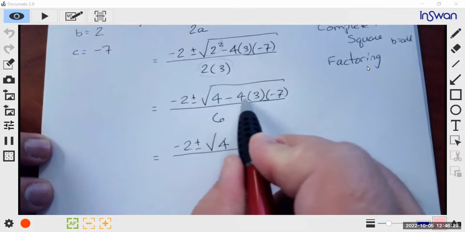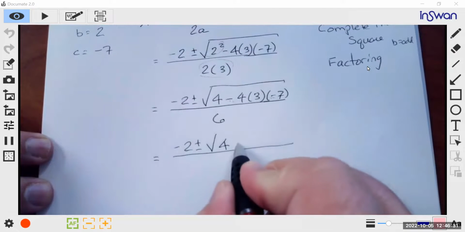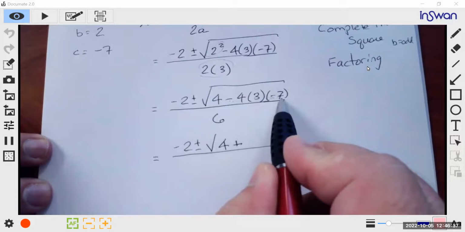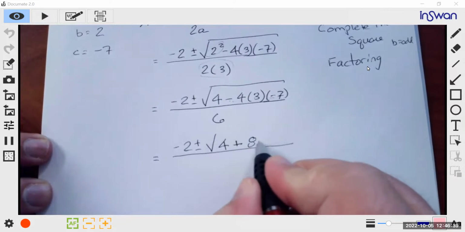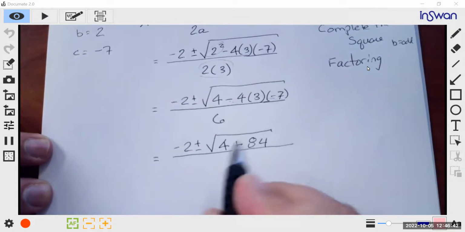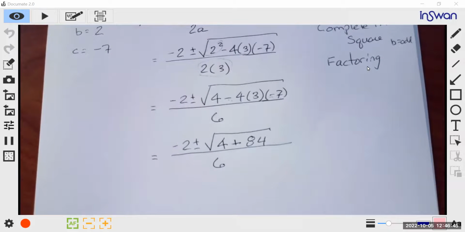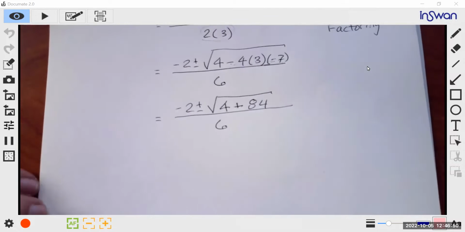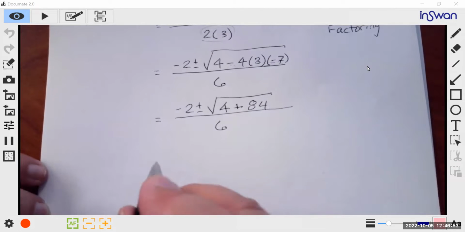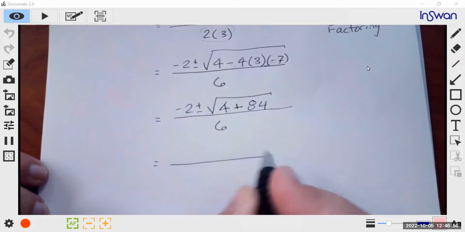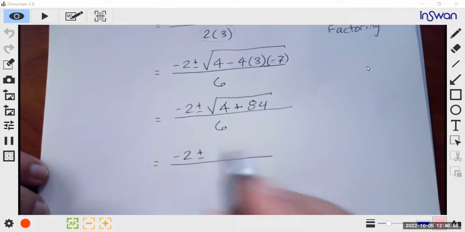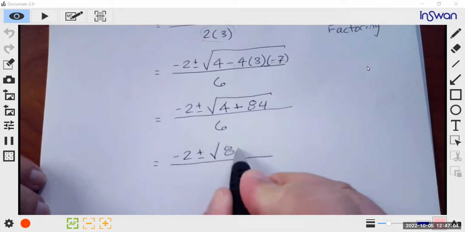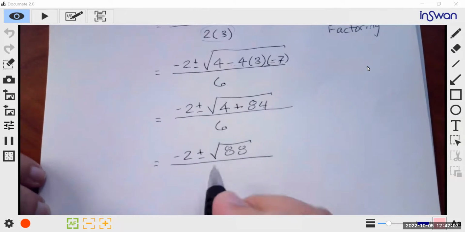There are 2 negatives in this equation, so it's going to be positive. 3 times 7 is 21. 21 times 4 is 84. Inside the radical, 84 plus 4 is 88 over 6.